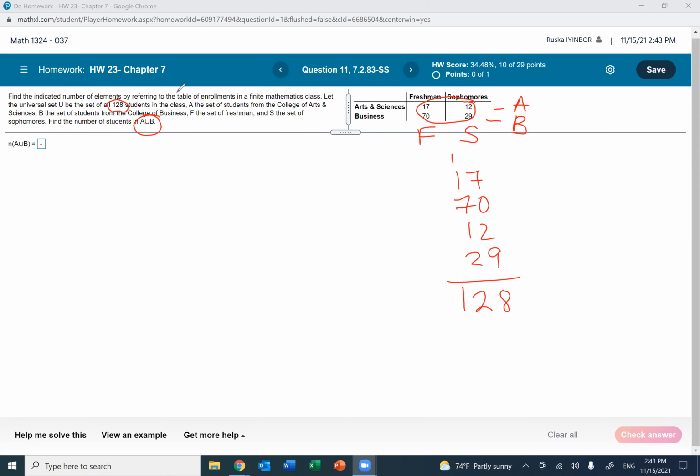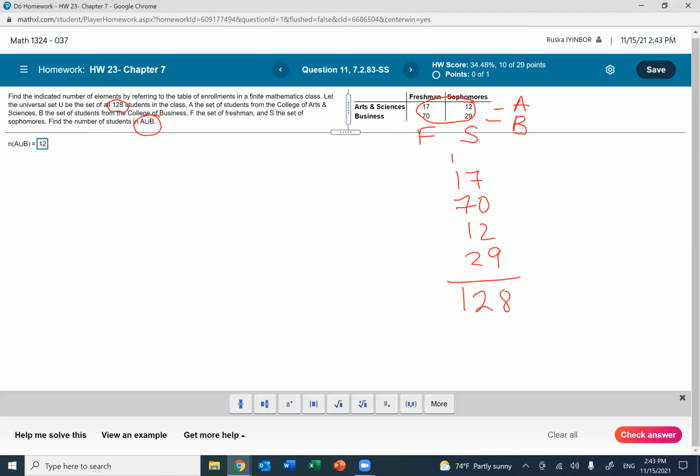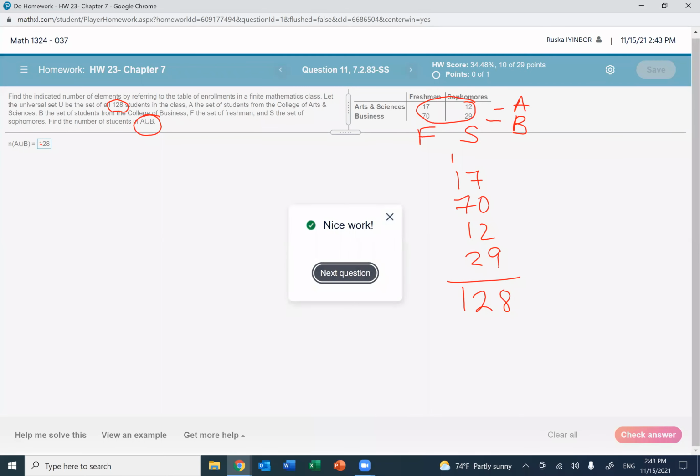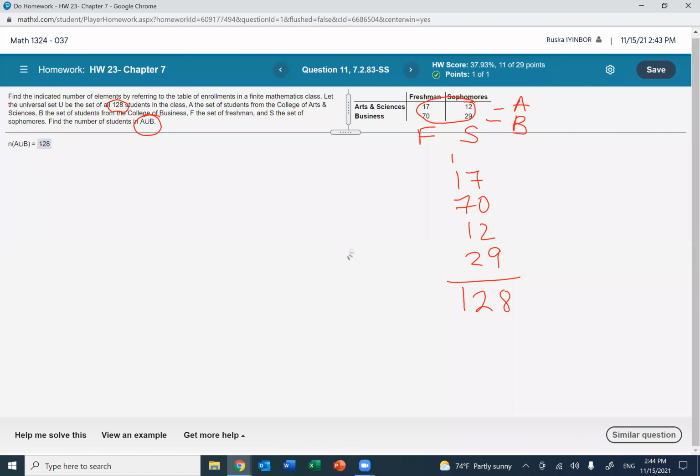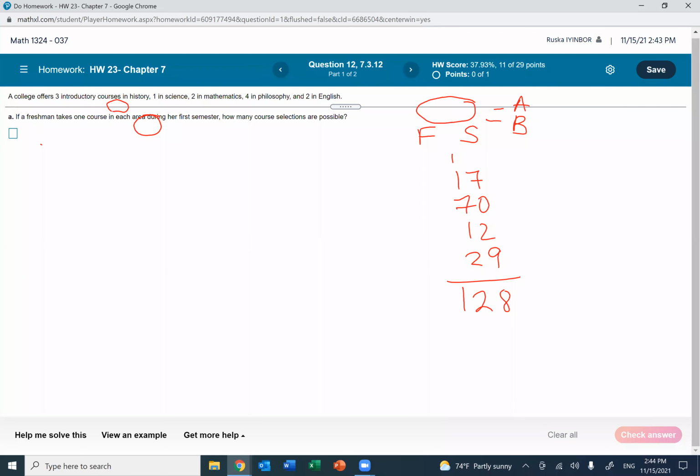So it's going to be 128. And that's right, okay? They're asking A union B because they don't have another college. If they have another college, probably it's not going to be that many, but this is how it is in this one.